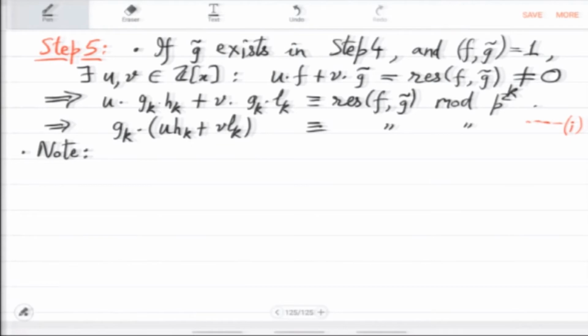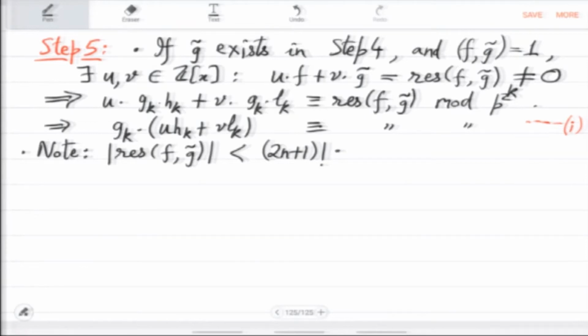So note that the resultant, what is the magnitude of this resultant number? So degree of f is n, degree of G tilde is n minus 1. So number of coefficients are n plus 1 and n, so it's a 2n plus 1 dimensional matrix when you want to compute the resultant.